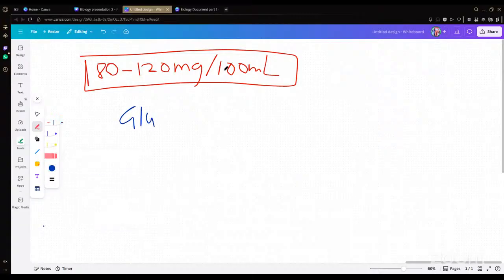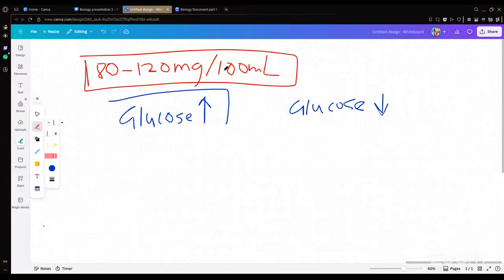Let's take a situation. In one case glucose is high, and in the other case glucose is low. When the glucose level is high, we have the pancreas. I'm just going to draw the pancreas like this.